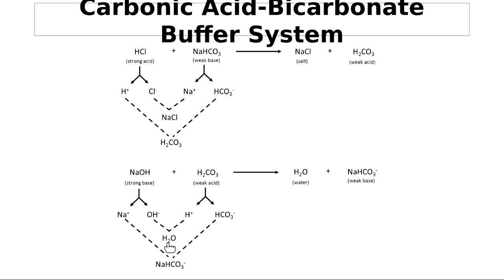That's going to be a pH of 7, it's neutral. And the sodium binds with the bicarbonate to make sodium bicarbonate, a weak base. So a strong base was converted to a weak base. And look at this end product, this weak base, it was used to buffer a strong acid. So the end products are used over again. That's what's so cool about this carbonic acid bicarbonate buffer system.